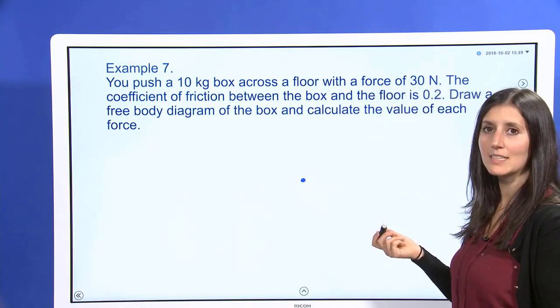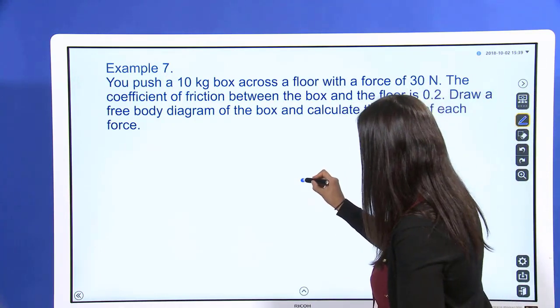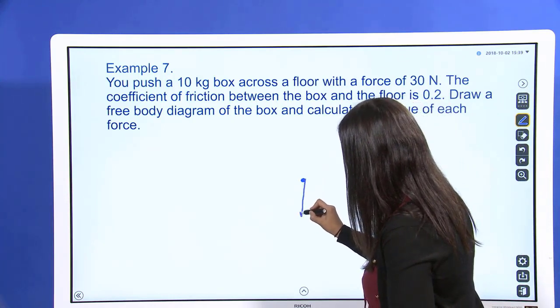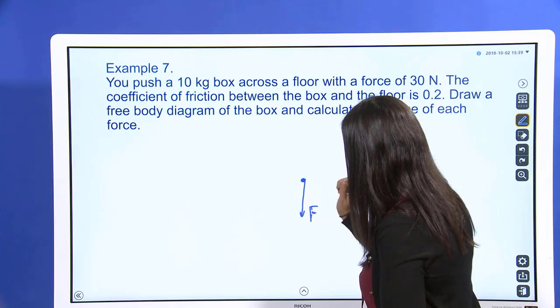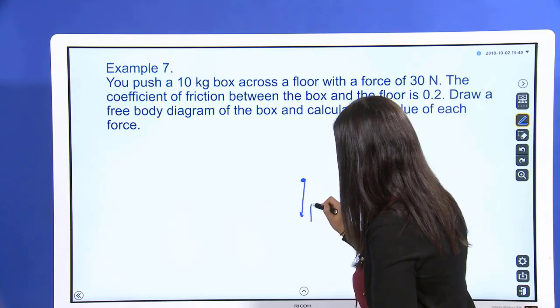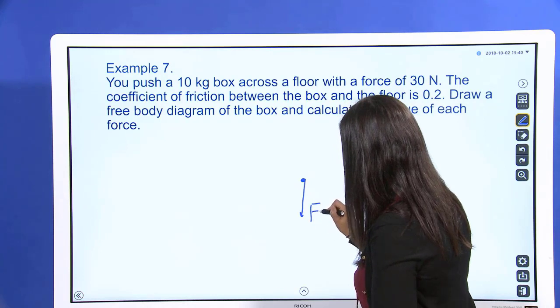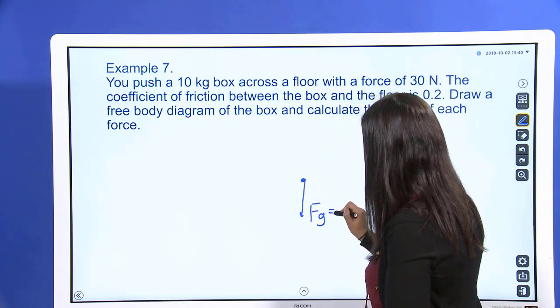And what forces are acting on it? So there's always the force of gravity pointing straight down. So this is my force of gravity, and Fg always equals mg.